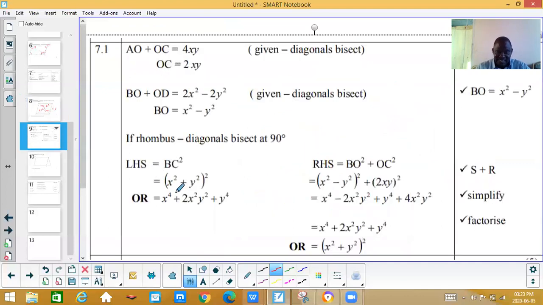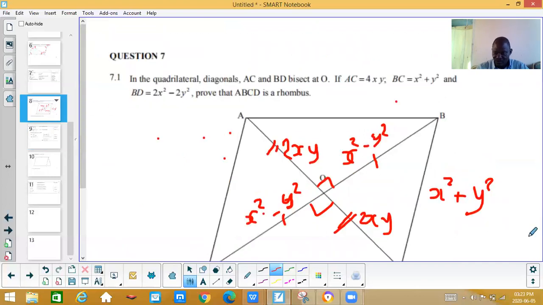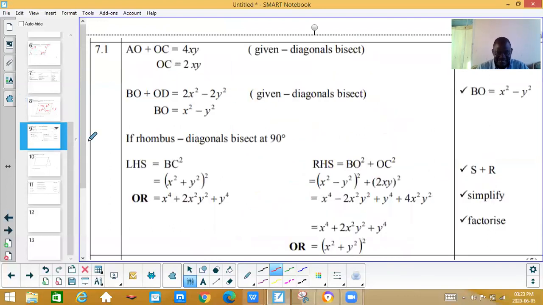Now we have x squared plus y squared. If we square this part, take note, it goes back to expanding brackets.